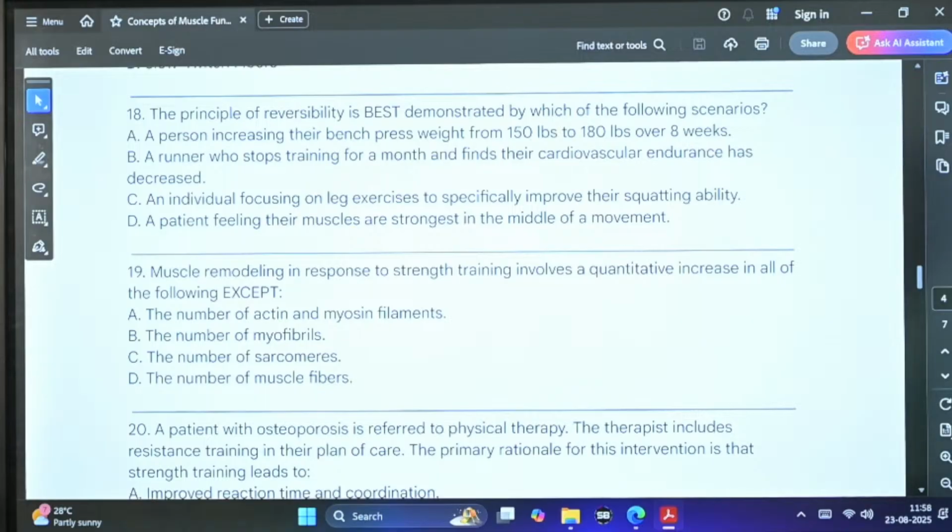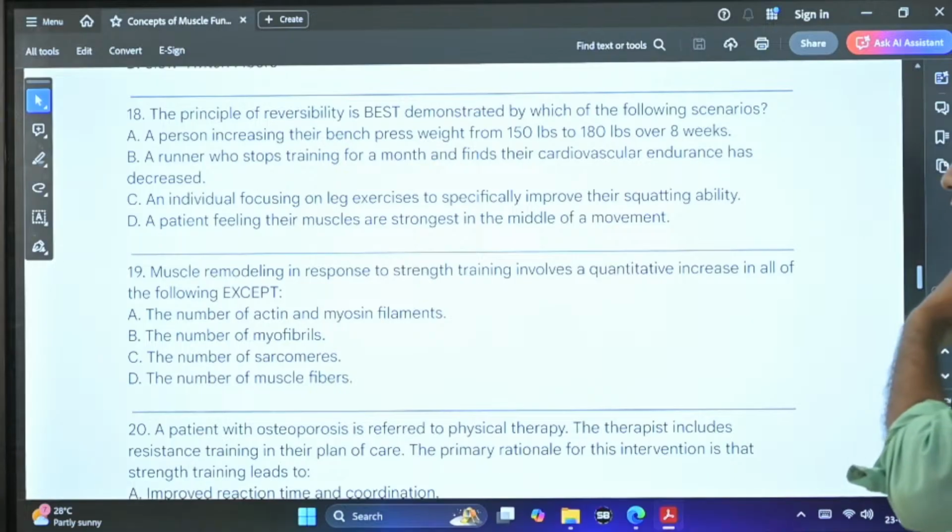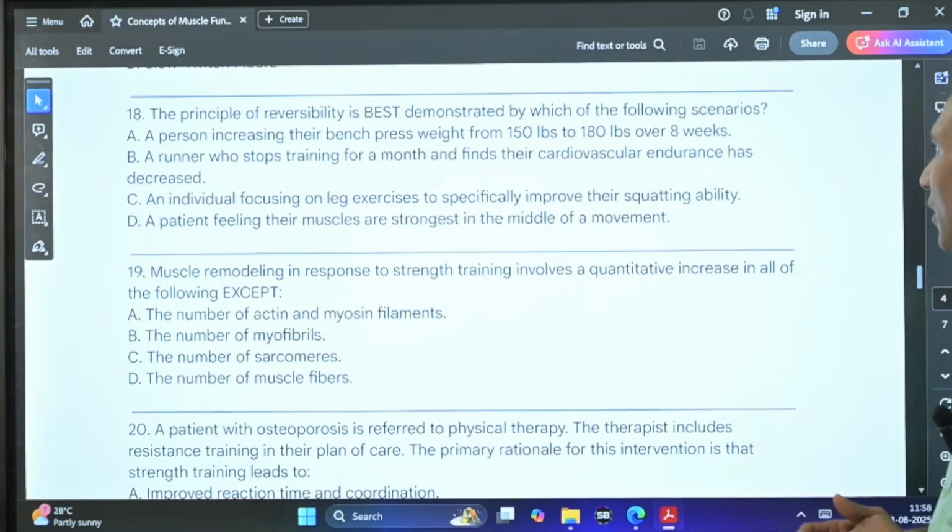B. A runner who stops training for a month and finds their cardiovascular endurance has decreased. C. An individual focusing on leg exercises to specifically improve their squatting ability. D. A patient feeling their muscles are strongest in the middle of a movement.